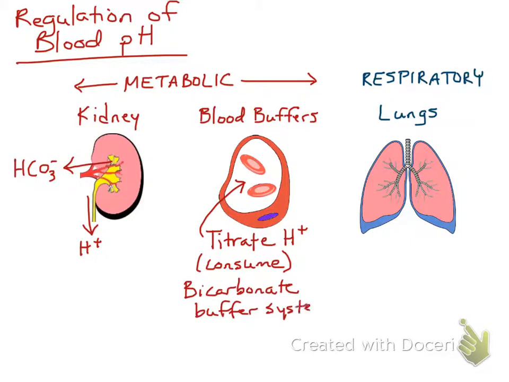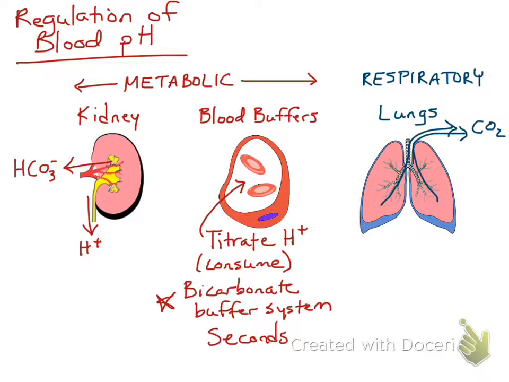And whatever buffer we're talking about, we're really talking about titrating hydrogen, or some conjugate base which binds hydrogen ions to consume or titrate hydrogen. And then respiratory, that is when carbon dioxide is exhaled from the lungs.